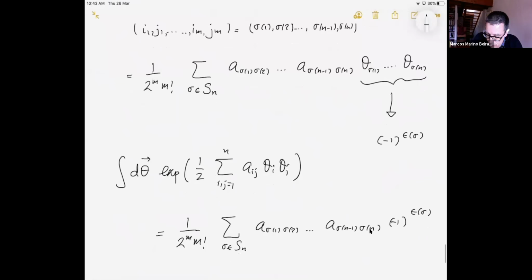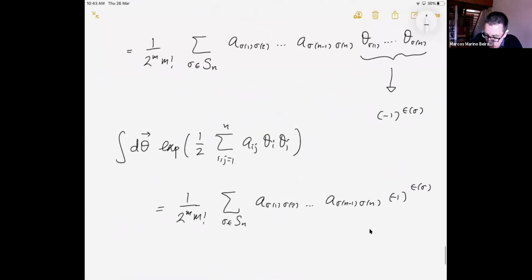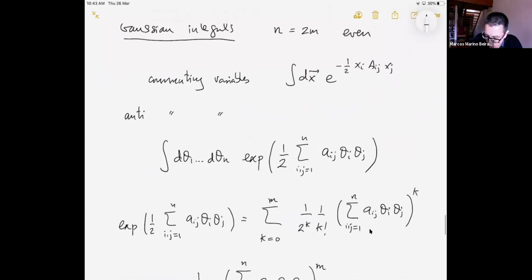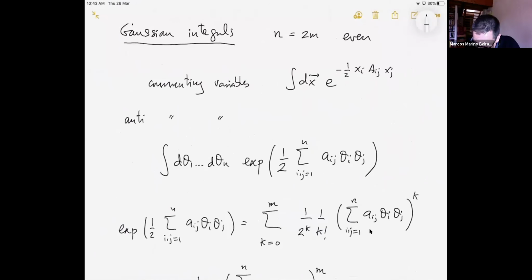And sorry, let me mention something which I forgot to say: without any restriction, I can always assume that this matrix is antisymmetric. The reason is that you have an object with two indices multiplying something which is manifestly antisymmetric, so only the antisymmetric part of A survives.